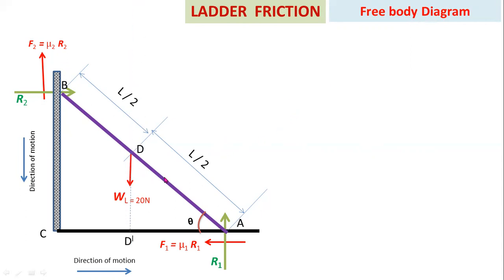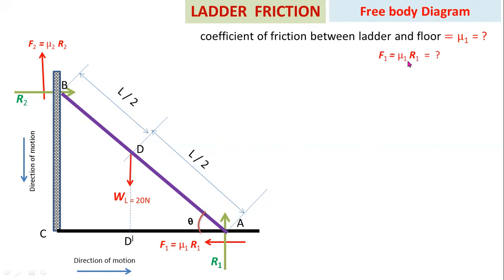Now mu1 is the coefficient of friction between the floor and the ladder. F1 equals mu1 R1 is the frictional force between the ladder and floor, and mu2 is the coefficient of friction between the ladder and vertical wall.